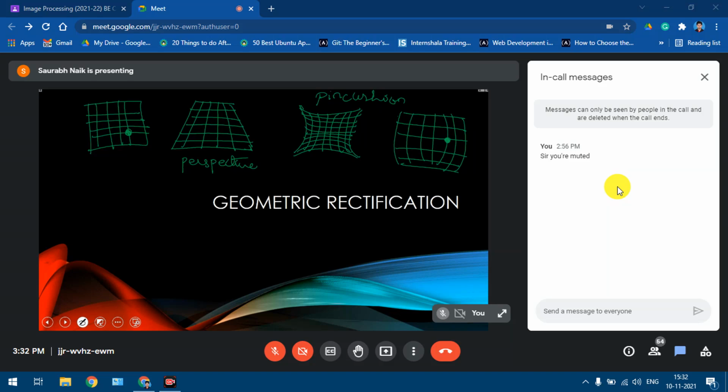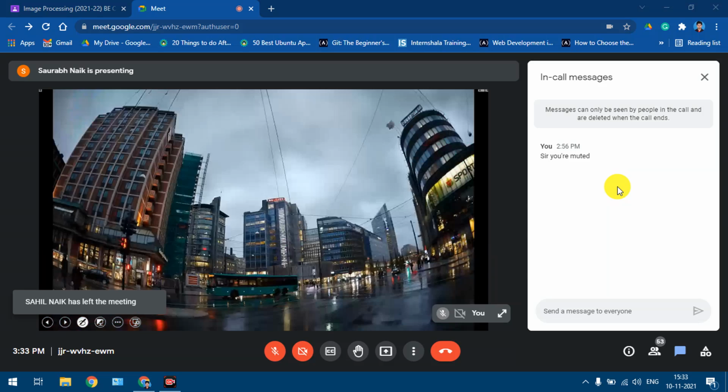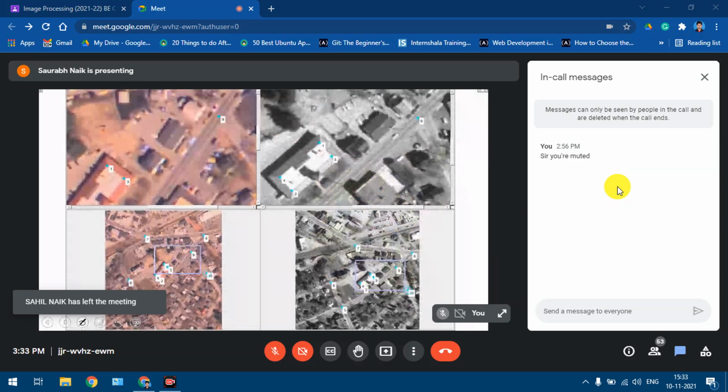What we do is we consider that the image has undergone some transformation as a combination, and therefore we consider this as an affine transformation. Now, we want to find out what the equation for this affine transformation is, and to do that we need to identify reference points in our images.